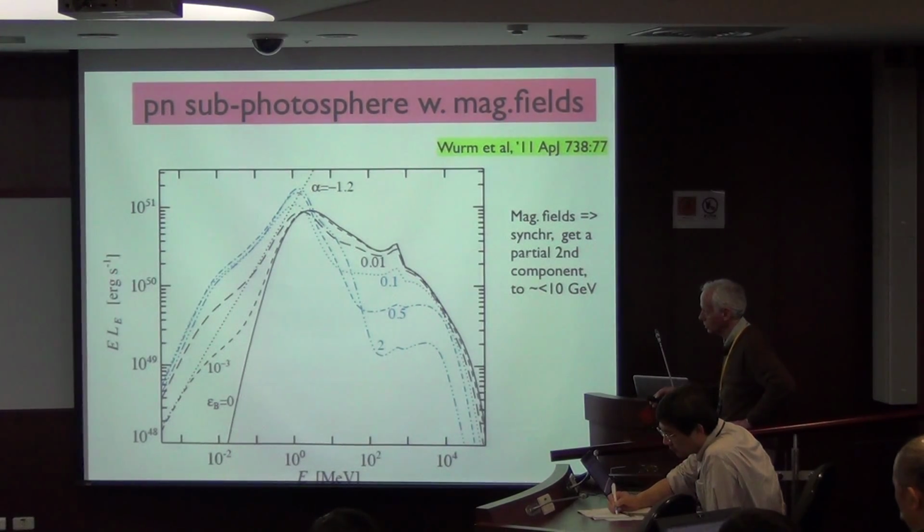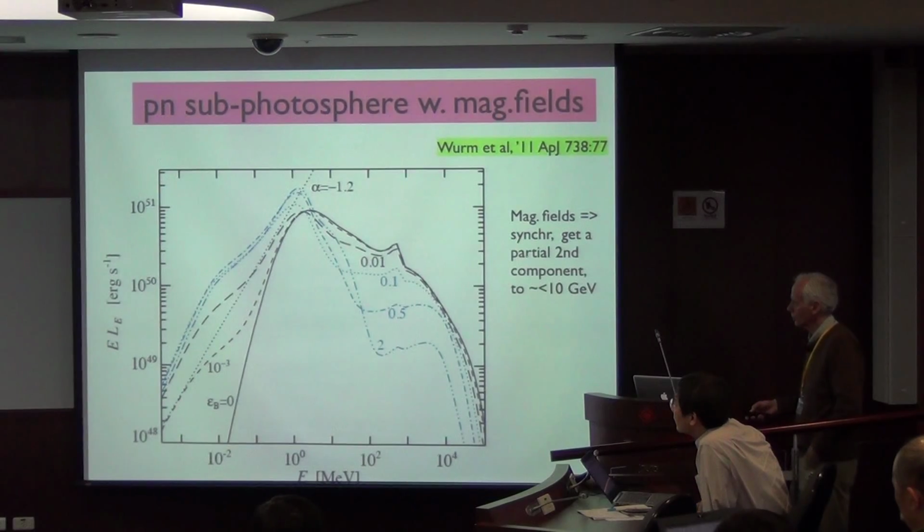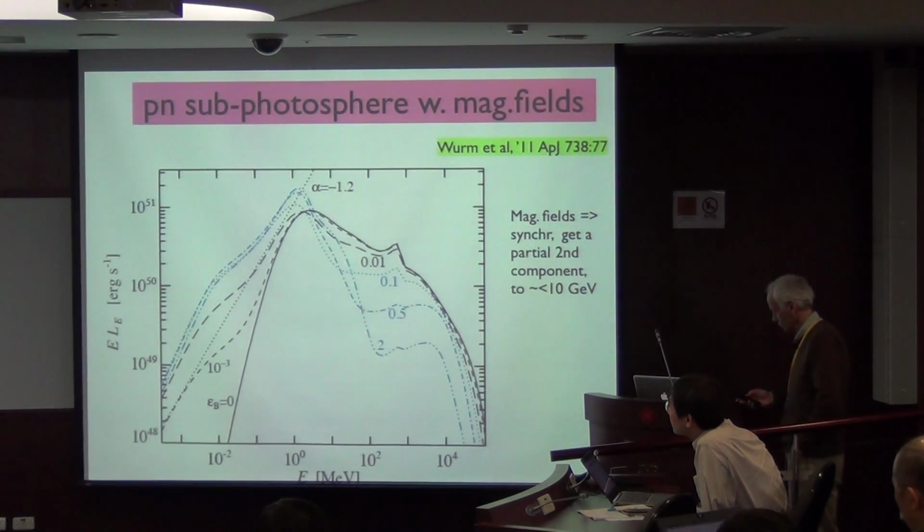You have something which is steeper, but then you have a little shoulder. So it's not yet a full-fledged second component, but it's going in that direction. So these are follow-up calculations by Boole.